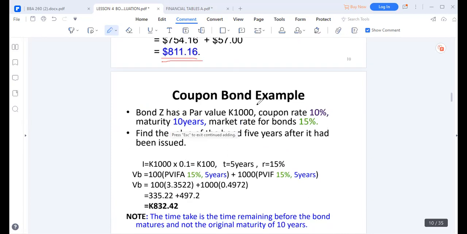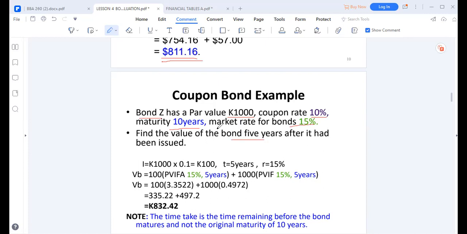All right. Then you're given here, suppose we have bond Z, 1,000, 10% is our coupon interest. 10 years is the maturity period, the market rate is 15%. We're being asked to find the value of the bond 5 years after it was issued. So it is a 10-year bond, but issued after 5 years.